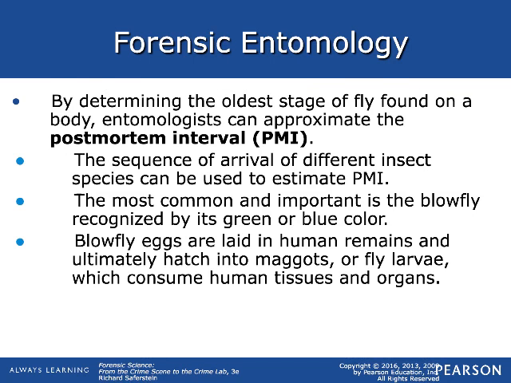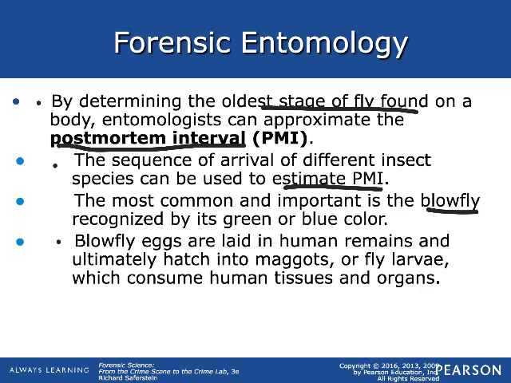Okay, so by determining the oldest stage of a fly found on the body, entomologists determine this thing called a post-mortem interval. So the sequence of arrival of different insect species can be used to estimate PMI. One of the most common insects is a blowfly, and blowflies are a greenish blue color.